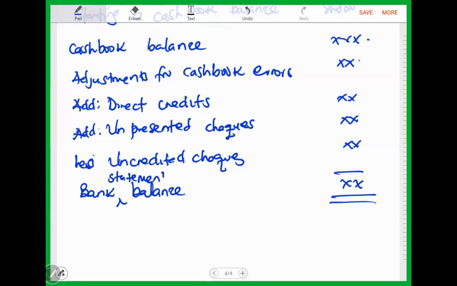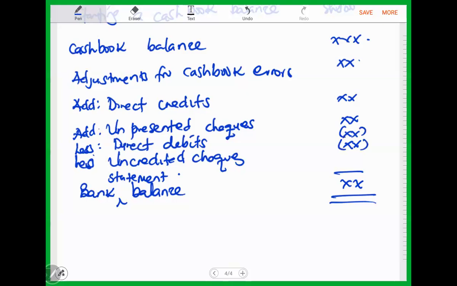How about direct debits? Direct debits are supposed to be less. I have not listed them here. Okay, less direct debits here. They are supposed to be less. So where we are subtracting are uncredited checks and direct debits.